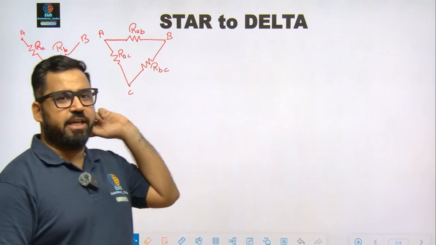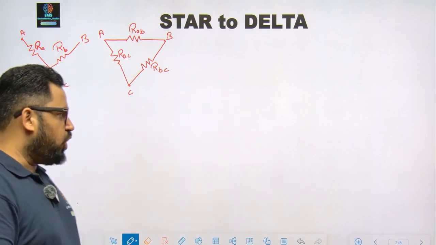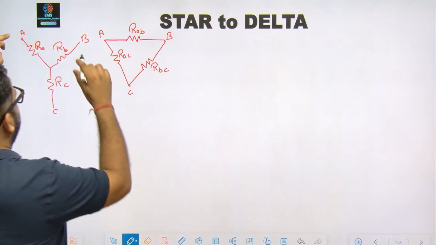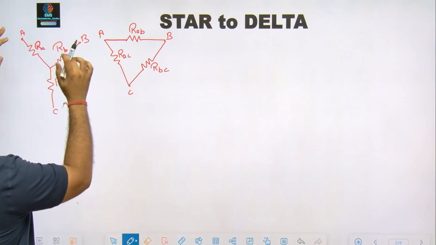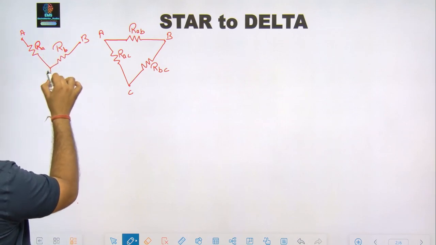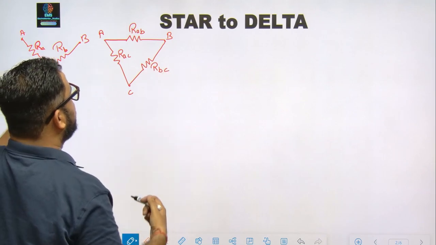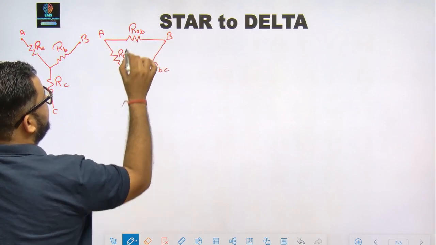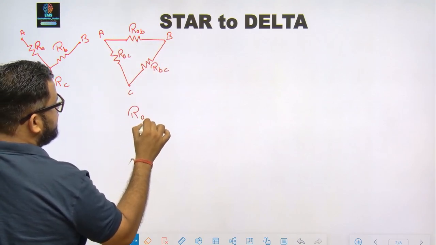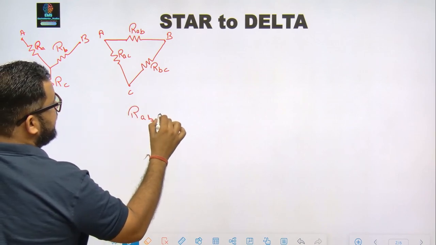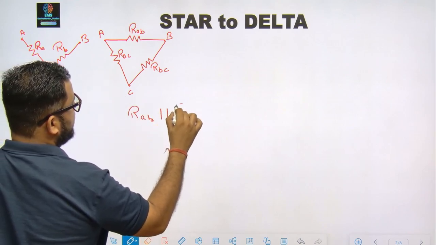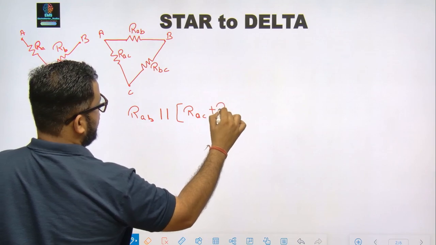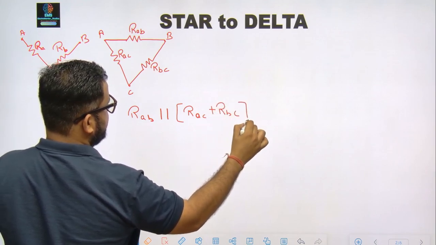Now you want to convert this thing in either of the forms. So remember, the first thing we need to see is from point A to B, I have resistance RA and RB, and RC will be hanging. Whereas if I consider this as a delta network, at point A to B, my RAB is in parallel with the series connection of RAC and RBC.